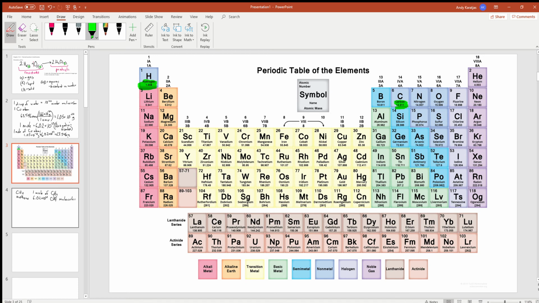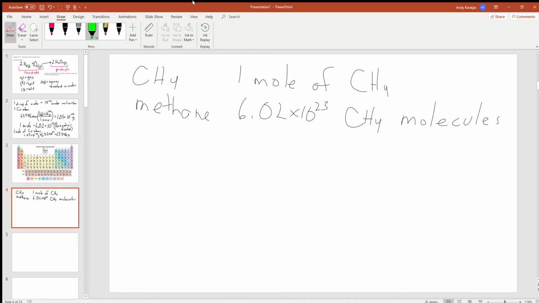So let's go back to methane. That 1 carbon atom will have a mass of 12 grams per 1 mole. And the hydrogen has a mass of 1 gram per mole. However, there are 4 of them, so we're going to have to multiply this by 4. And then we add the results together.